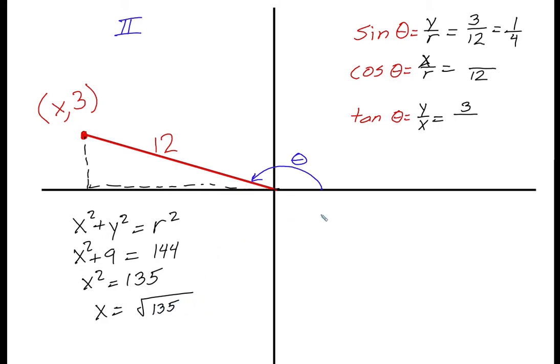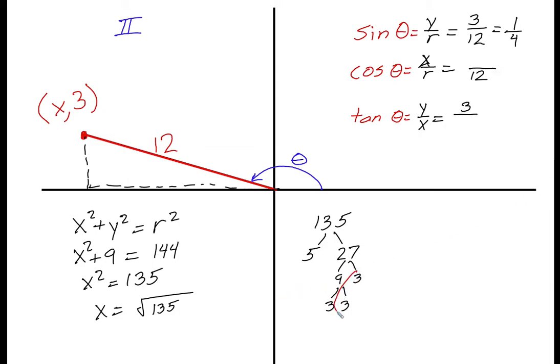But I don't want the decimal. I'm going to get it as a simplified square root. If you don't remember how to do that, we do a factor tree. 135 divided by 5 is what? That's 27. 27 is 9 times 3. 9 is 3 times 3. Now the bottom of all my branches are prime numbers, so I'll stop.